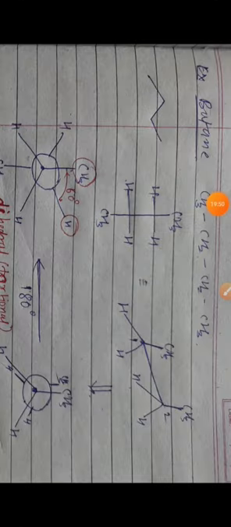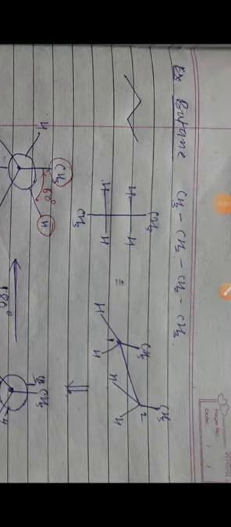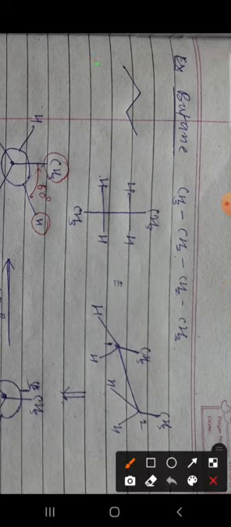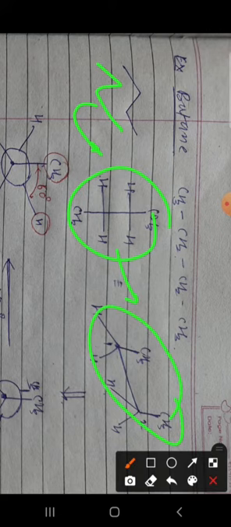and then again we'll take one example, butane. For butane, this is the zigzag model, and the zigzag model converts to Fischer, and Fischer converts to Sawhorse like this. That group is below the plane, and this hydrogen is above the plane.